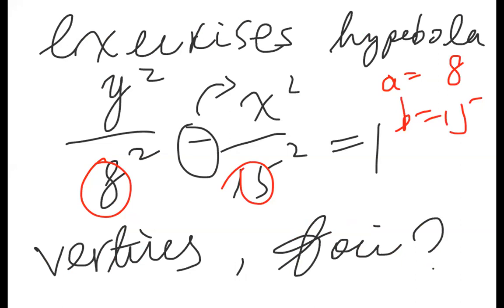And in the other case, when you have the minus sign before y squared, then everything is on the x-axis, both the vertices and the foci. Make sense? Questions? Any questions?